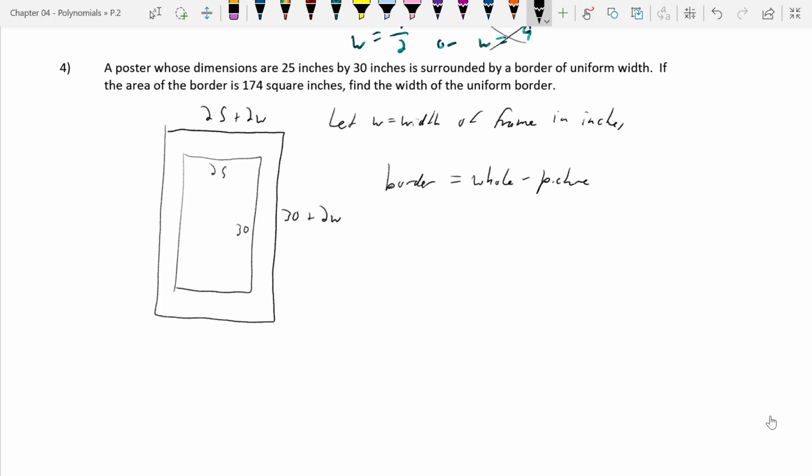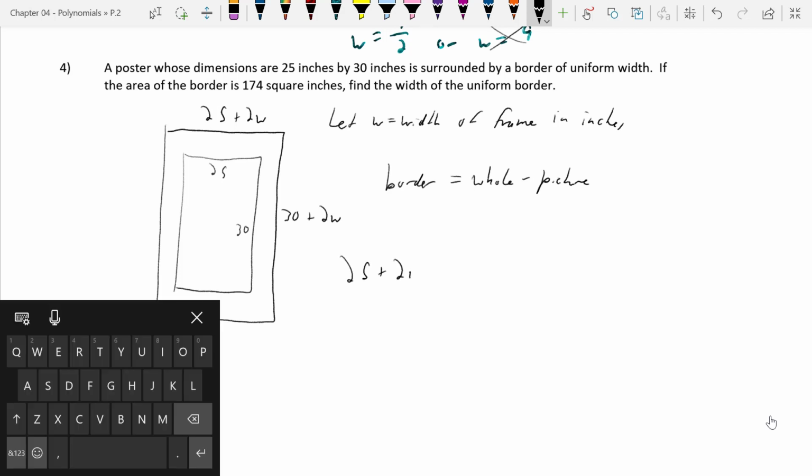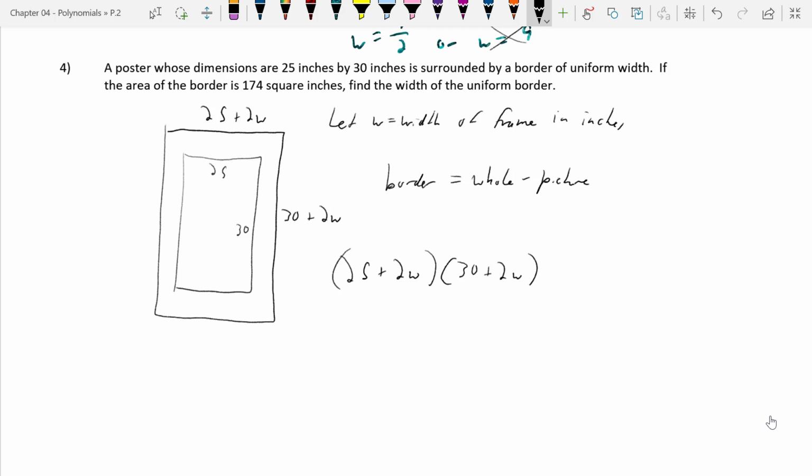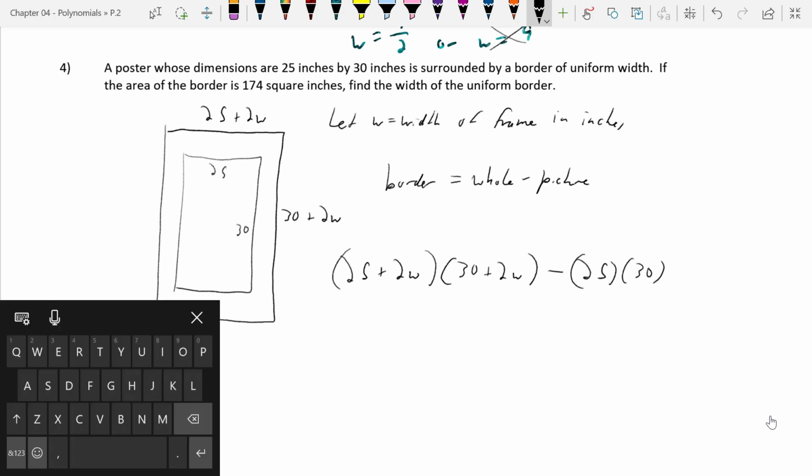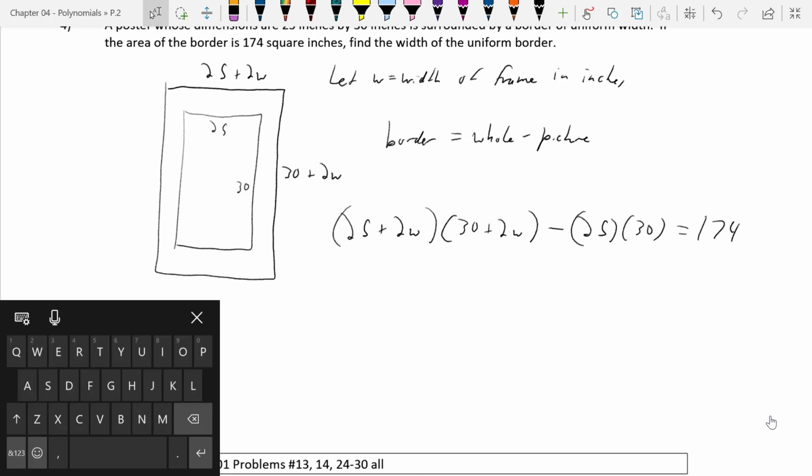So the whole area is 25 plus 2w times 30 plus 2w. And then we're going to subtract the picture area, which is 25 times 30, and that's the border area, and that's going to be equal to 174 according to the problem.